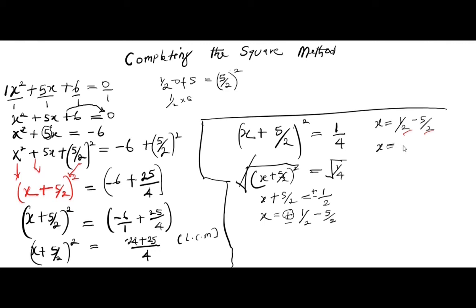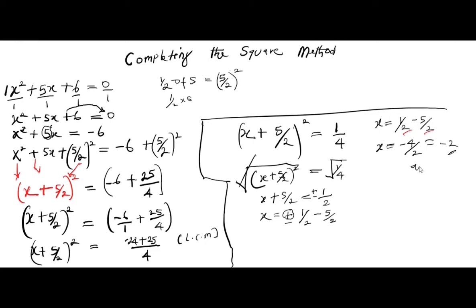So we have negative 4 all over 2. When the denominators are the same, you take only one. That's why we're having only 2, because the LCM here is 2. So you have x equals to negative 4 over 2, which is equals to negative 2.